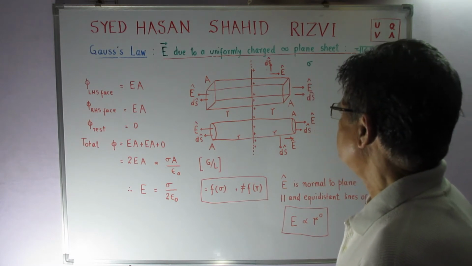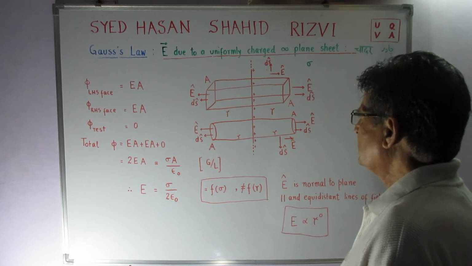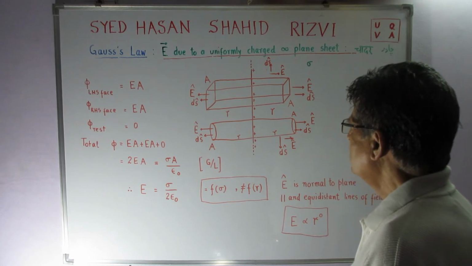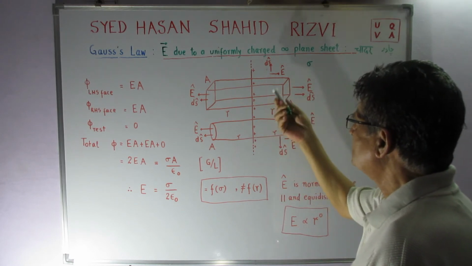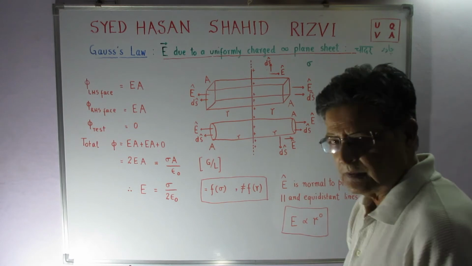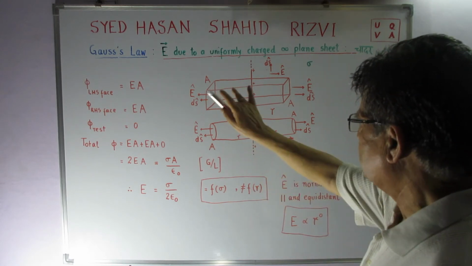Now let's see how many faces are there. For this, 1, 2, 3, 4, like that. These faces are plane.